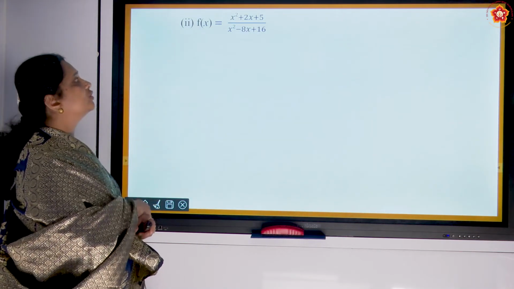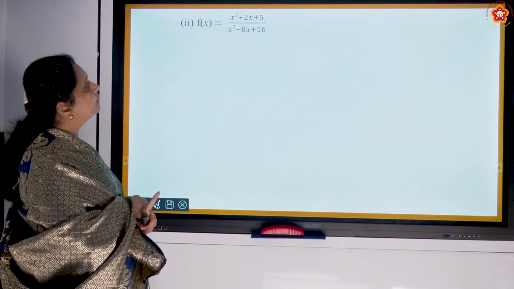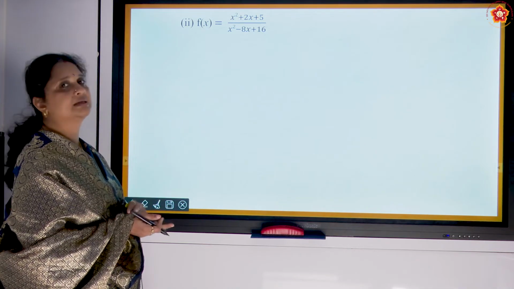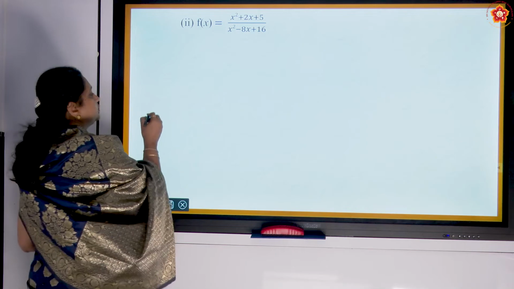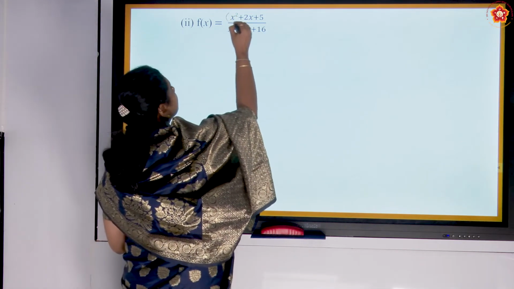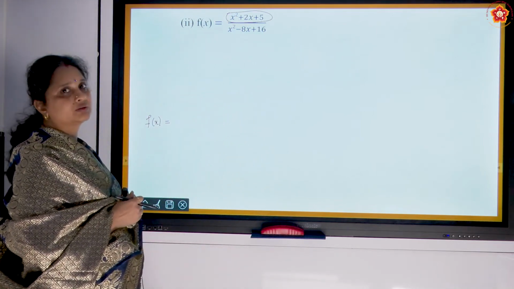Now the next function is this. So now we have quadratic polynomials both in the numerator and the denominator. Let's first factorize them and see what happens to the function, and then check whether it's going to be continuous or not. So now f of x is equal to, this is a quadratic equation. Will I be able to factorize it?